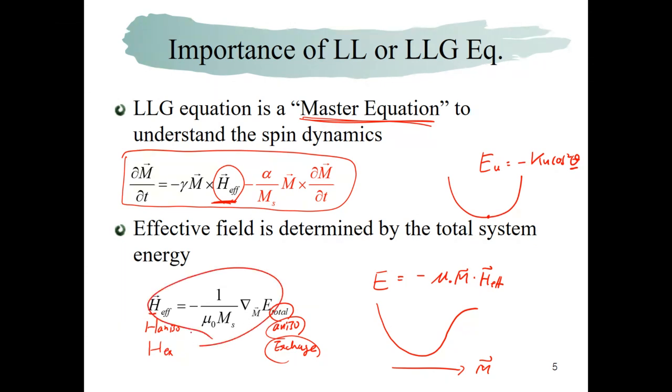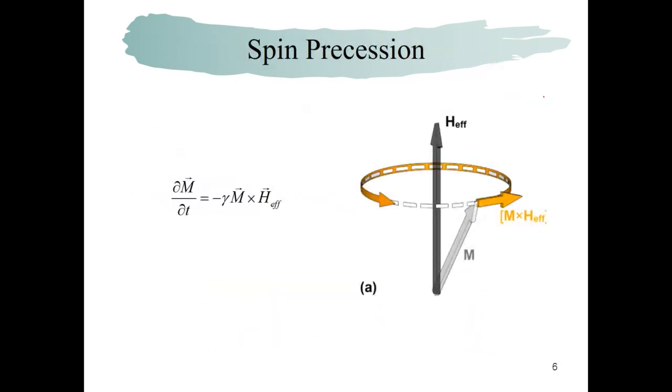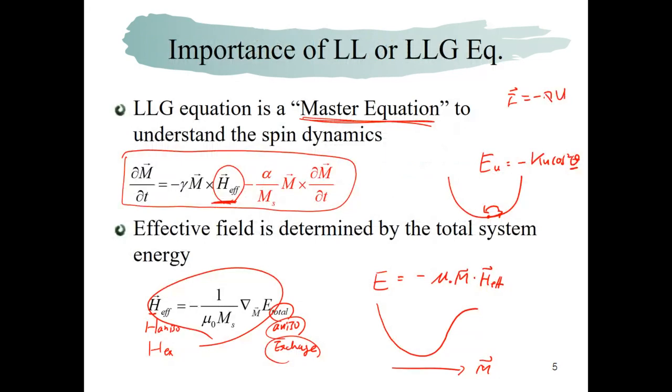This energy equation implies that if we have some deviation from the ground state or the stable state, there is some restoring force, as in the general relation between force and gradient. This restoring force is a kind of field, so the magnetization comes back to the lowest energy point. That's the concept of the effective field.